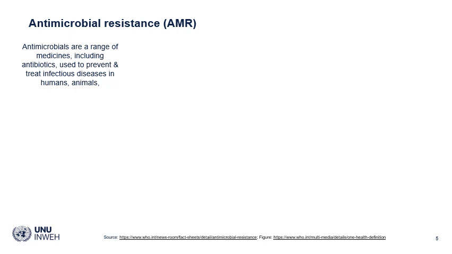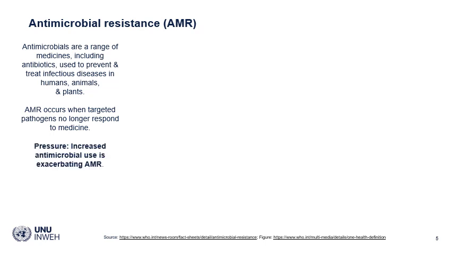Antimicrobials are a range of medicines, including antibiotics, used to prevent and treat infectious diseases in humans, animals, and plants. Antimicrobial resistance occurs when targeted pathogens no longer respond to medicine. The increased antimicrobial use is worsening antimicrobial resistance.